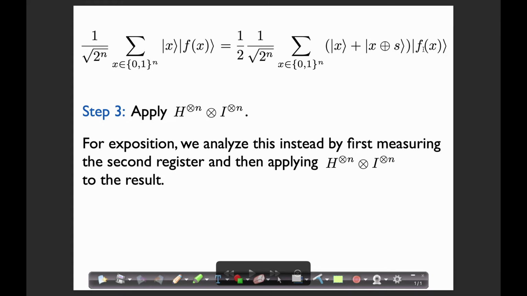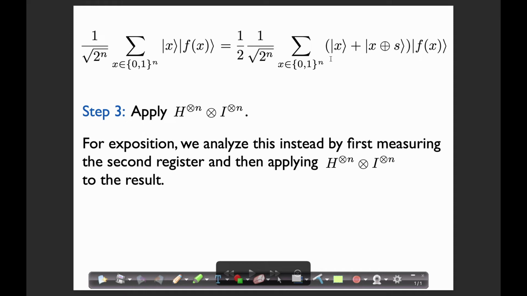And there are going to be exactly 2 strings which map to f of x: x and x XOR s. Since I'm summing over all x's here, I'm going to have a state appear here twice, because I get that state when I have x here, and also when I have x XOR s here. That's why I have this factor of a half out front.